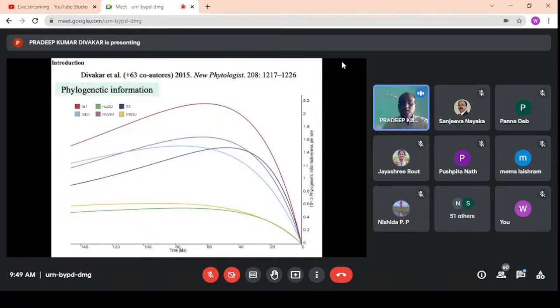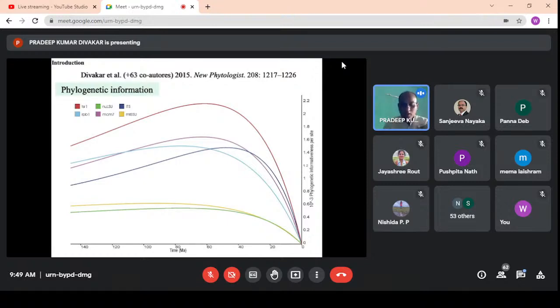With phylogeny, we could establish the phylogenetic relations using 1, 2, 3, 4 until 10 or 12 or 15 markers. But phylogeny doesn't allow us to analyze all the genes that are available in the genomes. For that, we need a phylogenomic approach.